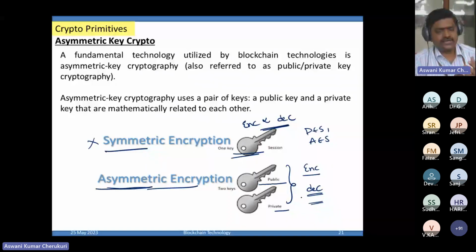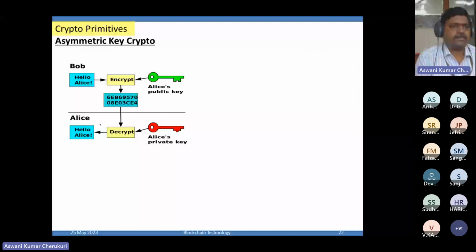Those who have already studied cryptography will find it easy to understand, but those who have not will take some time. So imagine Bob and Alice are interacting with each other.